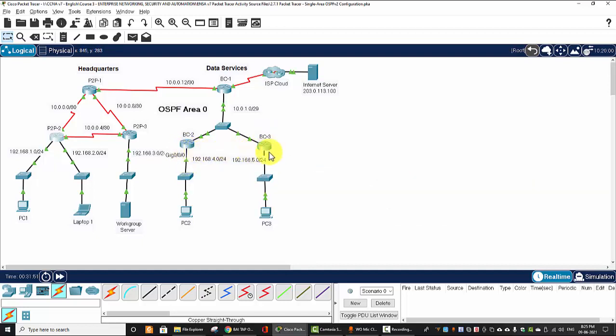It's similar on BC3, we will set this interface 0/0/0 to passive interface.